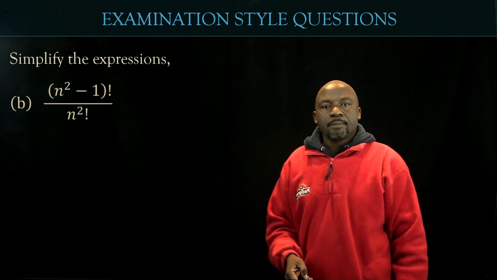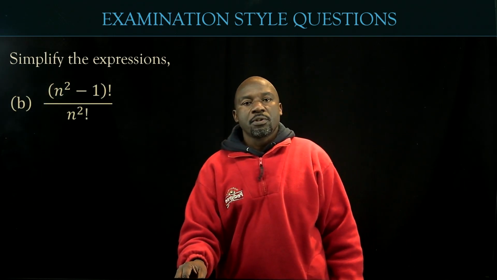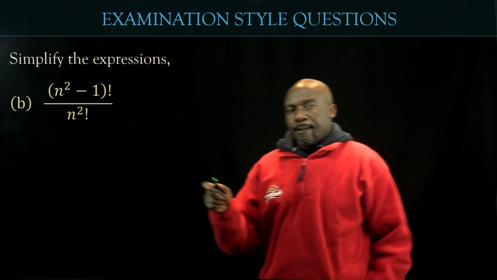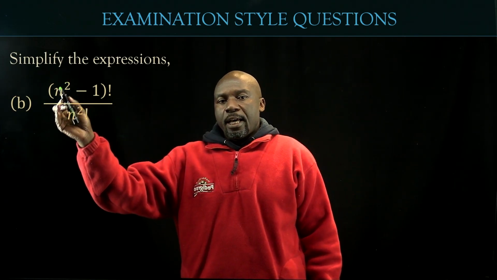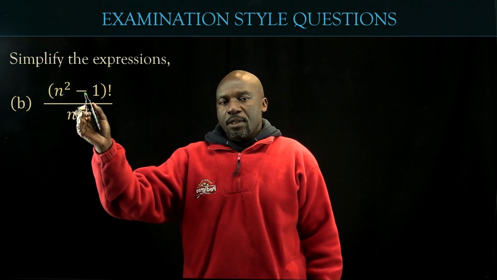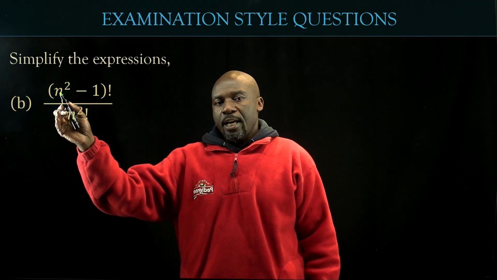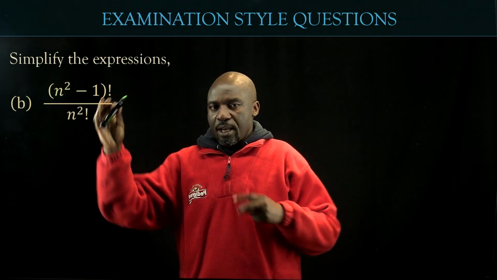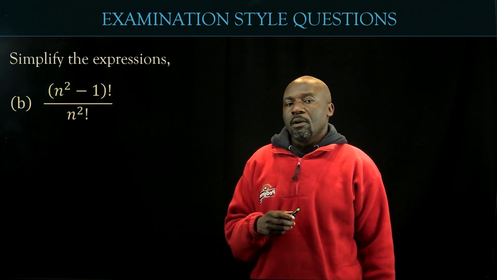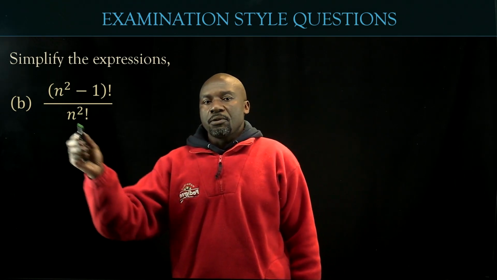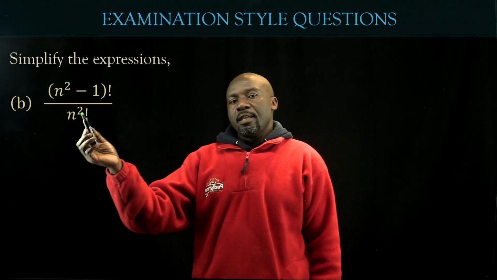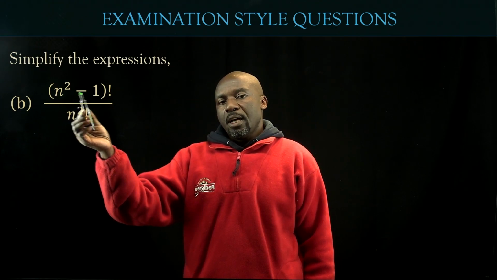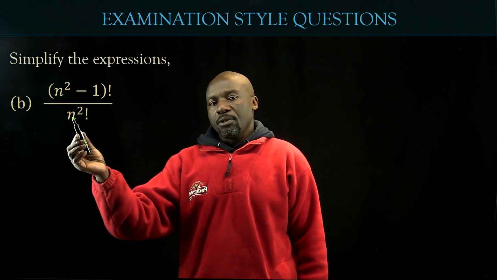Okay, here's the next one. Simplify that. Please pause the video and try it out before you see the solution. So n squared minus 1, notice that it is not n minus 1 squared, it is n squared minus 1, everything factorial. In order to simplify this, we can see that the denominator is greater than the numerator, and so it is the denominator we need to simplify.